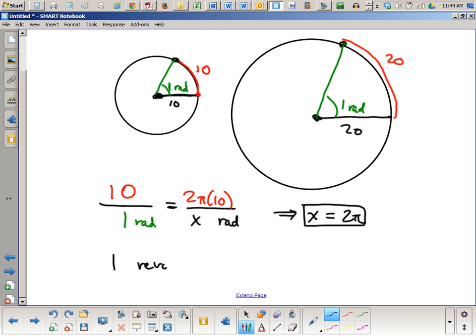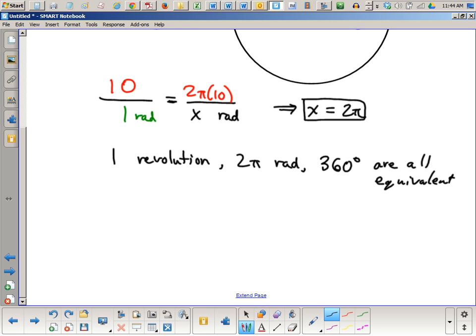1 revolution, 2 pi radians, 360 degrees are all equivalent. So if someone says, hey, I just went once around the circle, you can say, oh, you went 2 pi radians. Or you can say, oh, you went 360 degrees.